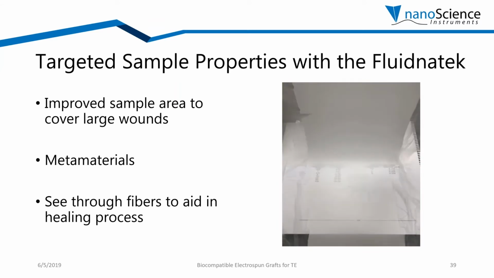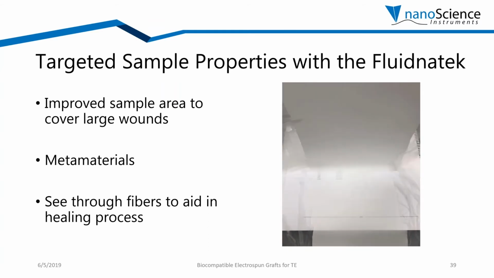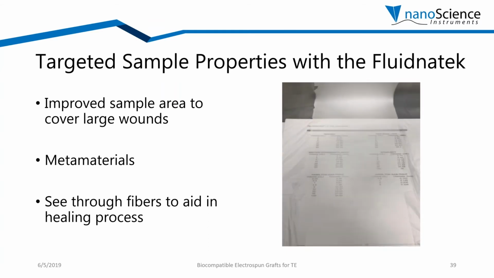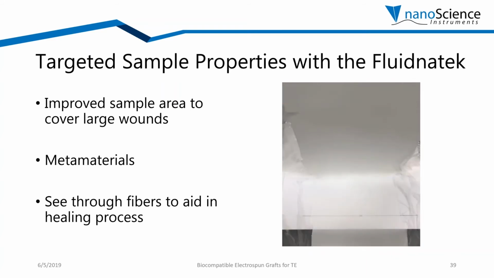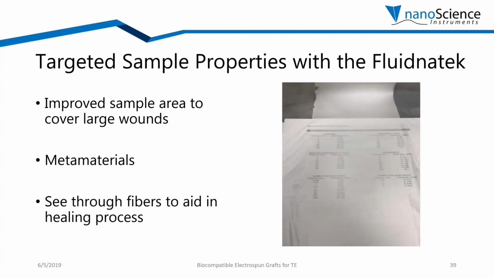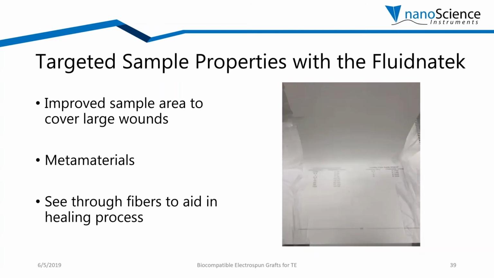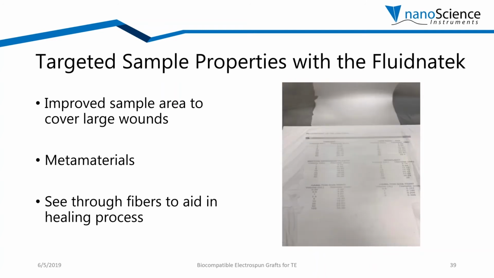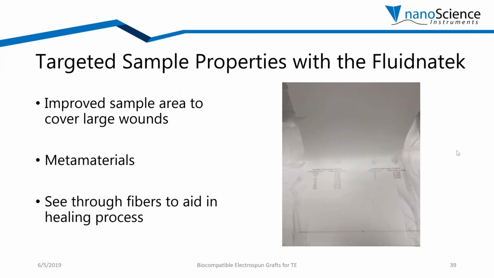Doctors usually cover a wound area and cannot see what's happening over time. Therefore, they need to remove the bandages and reapply a desired treatment. With a sample like this one, doctors will be able to see the healing process in real time and will not affect the wound area by removing bandages and exposing the area to possibly unclean environments.